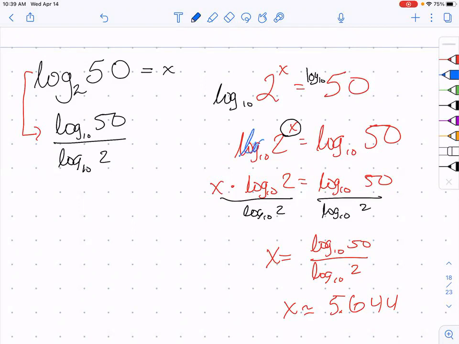What if I had done natural log of both sides? Well, right here, then it would say natural log, and we would have divided both sides by natural log of 2. So in the end, the calculation would have said natural log of 50 divided by natural log of 2. Type that into your calculator, see what you get.